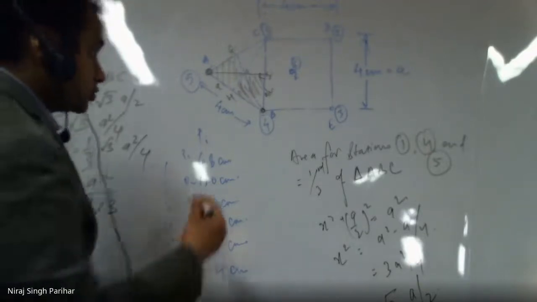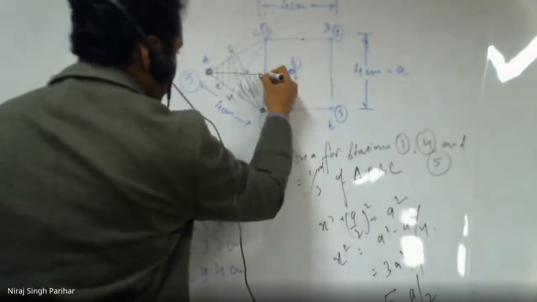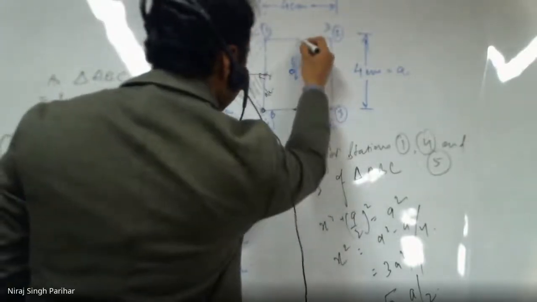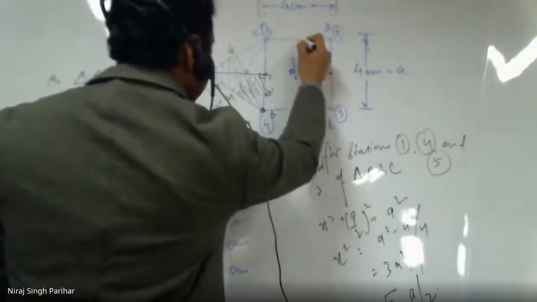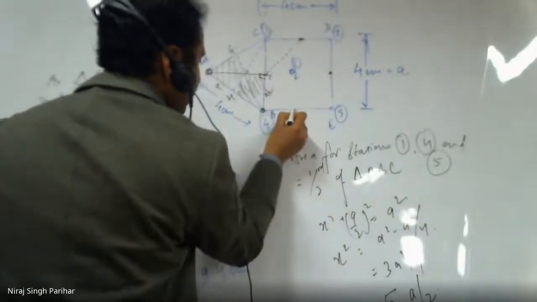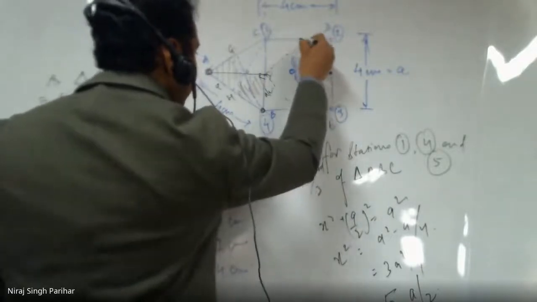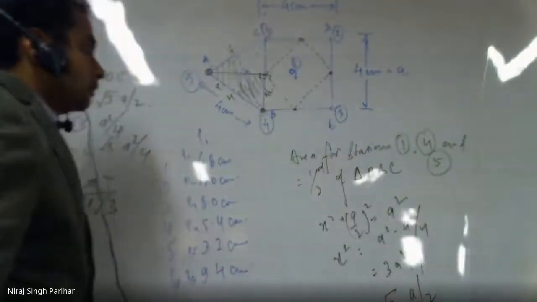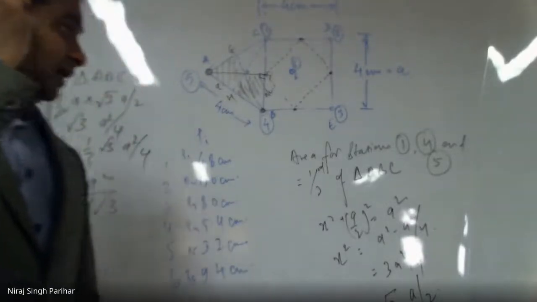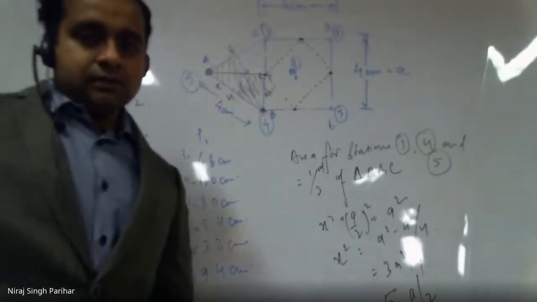So what I'll do, I'll take the center point of all these sides of the square and I'll join them. ठीक है. So what you will see that we have formed a smaller square inside the bigger square, right?